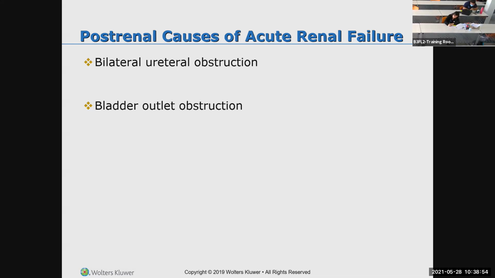Because you folks know that in the male, we have three parts of the urethra: prostatic urethra, membranous urethra, and penile or spongy urethra. So for bladder outlet obstruction, the most common cause is an enlarged prostate compressing the urethra. That leads to acute renal failure also.